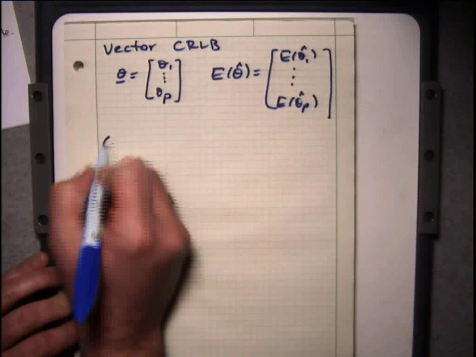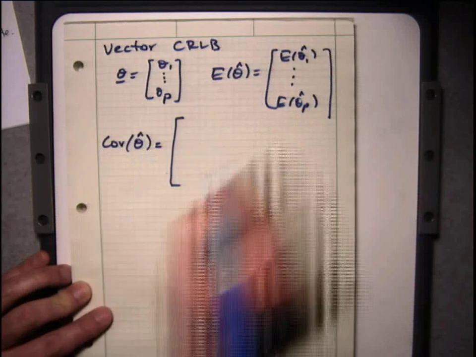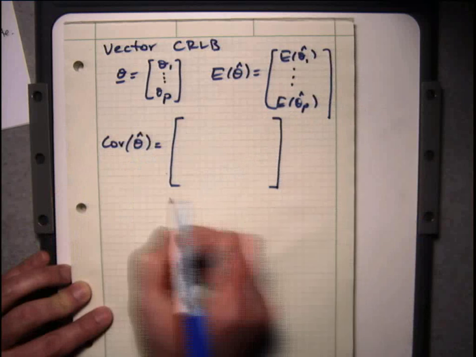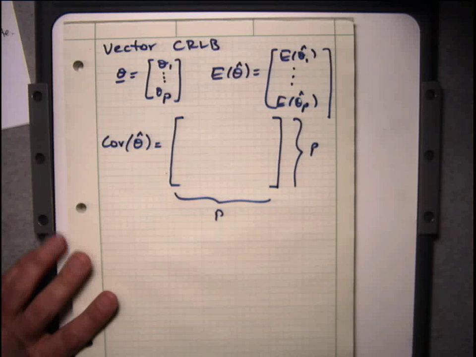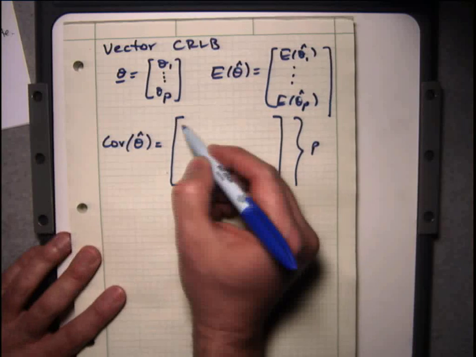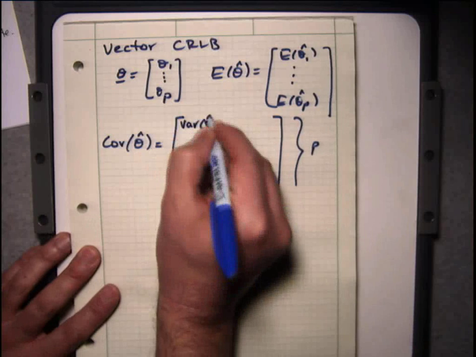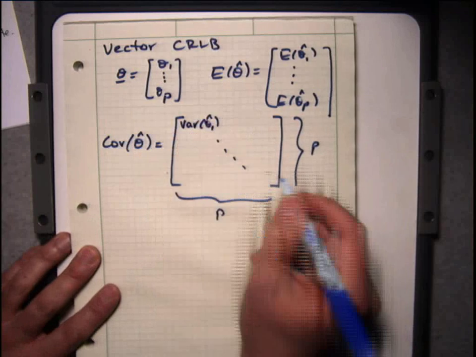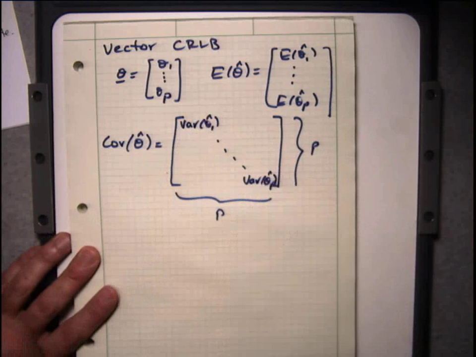And the covariance of theta hat is now going to be a P by P matrix. Along the diagonals of this matrix are going to be the variances of the individual terms: variance of theta 1 hat, variance of theta P hat.